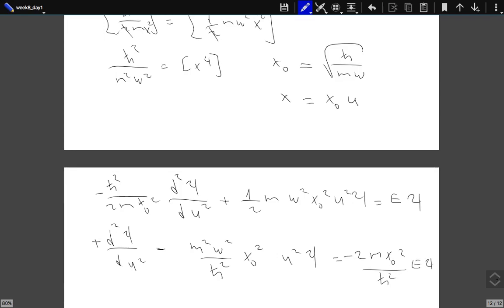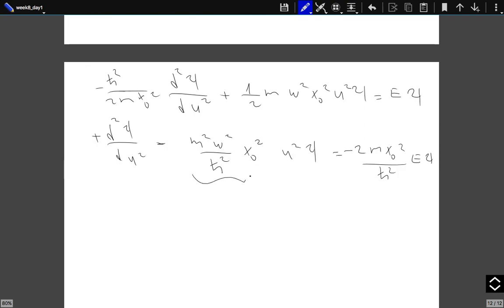But you see, the way we chose x0, this is just 1. Let me just call this number, all of it, epsilon. So epsilon is equal to 2m x0 squared over h bar squared E, or let me call that minus E.